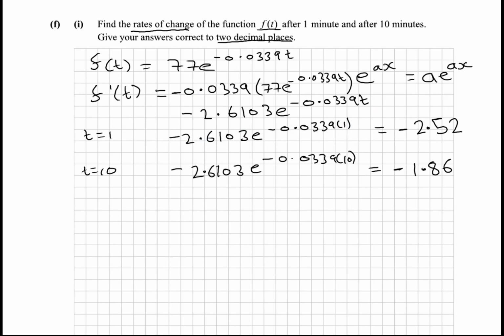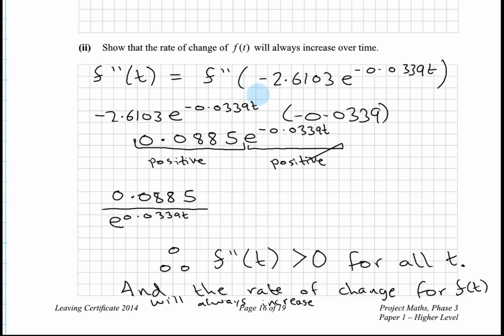And then here, we just have to know our buzzwords. We know that rate of change is the same as saying the slope of, which is the same as saying differentiate. And then down in part double I, we just had to double differentiate. And again, it's a buzzword. It showed that the rate of change will always be positive over time. And because our double differentiation was a number greater than 0, it means that we're increasing.